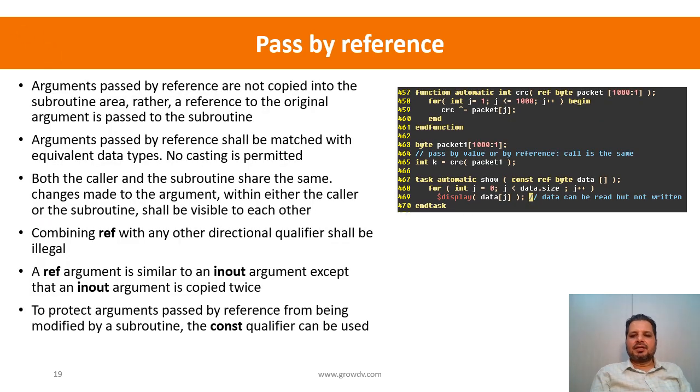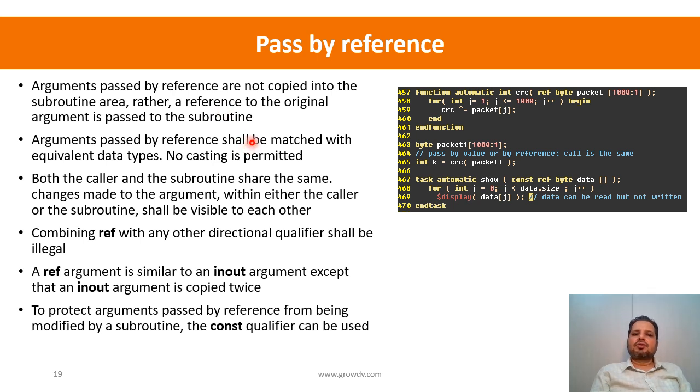As we saw, the default way of passing arguments to subroutines is pass by value, but we have another mechanism where we can pass the arguments by reference. When you pass the arguments by reference, the values of the variables you are passing don't get copied into the subroutine area.